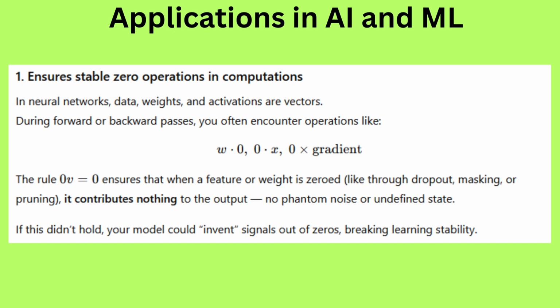During forward or backward passes, you often encounter operations like the one below. The rule 0v equals 0 ensures that when a feature or weight is zeroed, like through dropout or masking or pruning, it contributes nothing to the output. No phantom noise or undefined states. If this didn't hold, your model could invent signals out of zeros, breaking the learning stability.